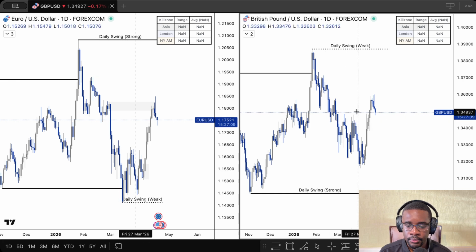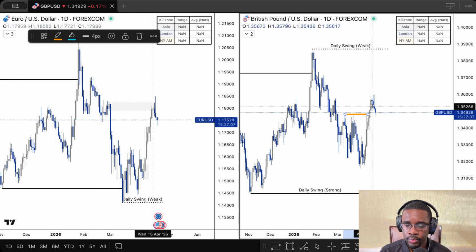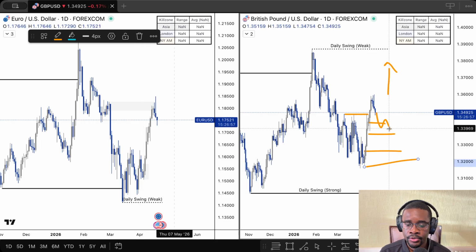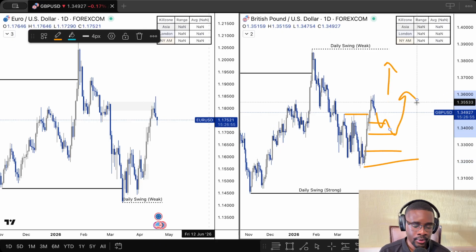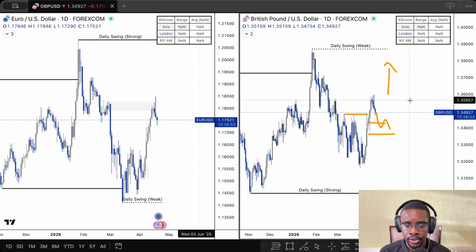In the meantime, before price continues, we could expect to see price possibly pull back a little, maybe into these areas or possibly the extreme, before continuing bullish.